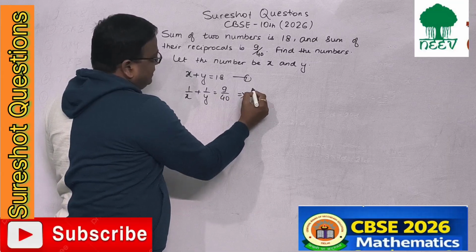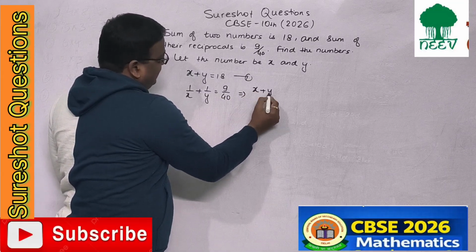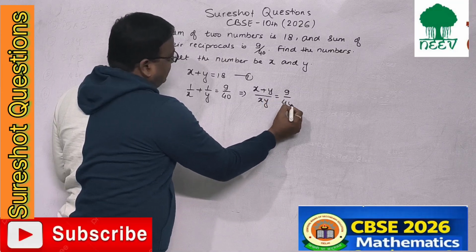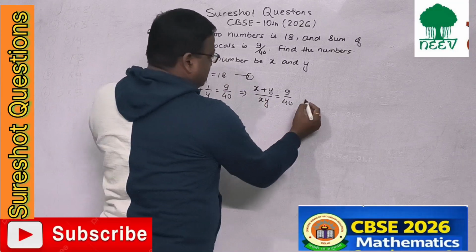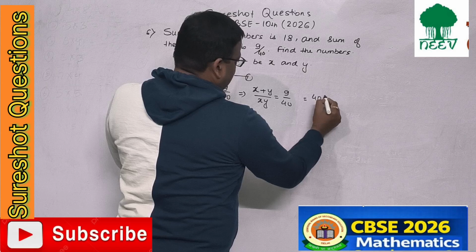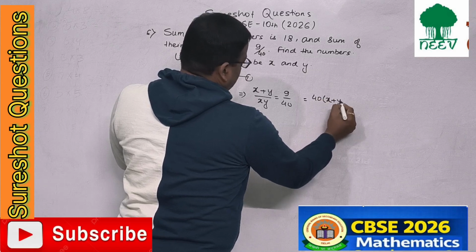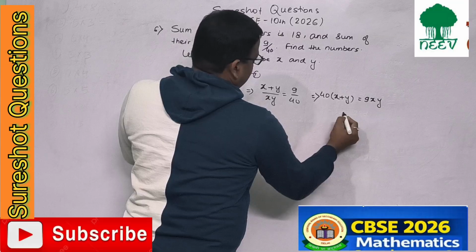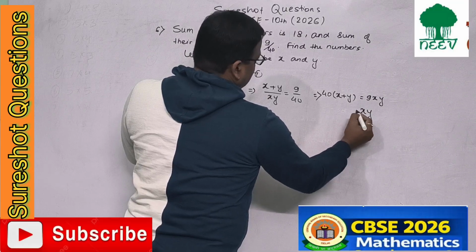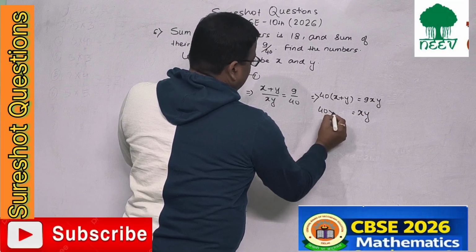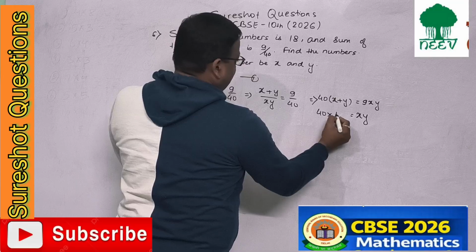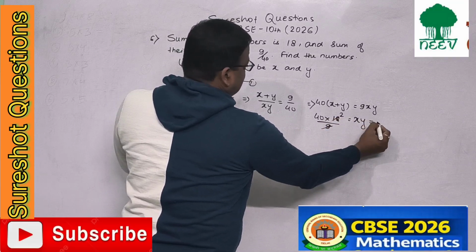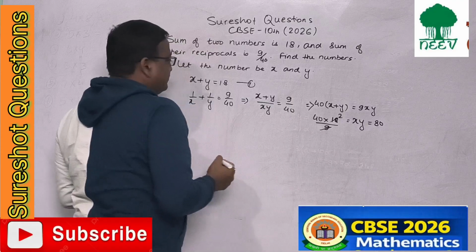This implies (x plus y) by xy equal to 9 by 40. So 40 times (x plus y) is equal to 9xy. So xy is equal to 40 into 18 upon 9, so xy is equal to 80.